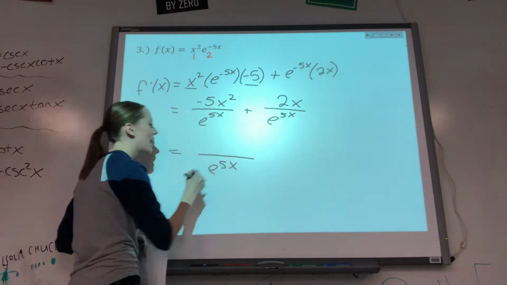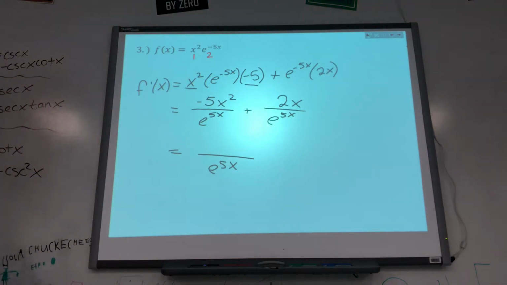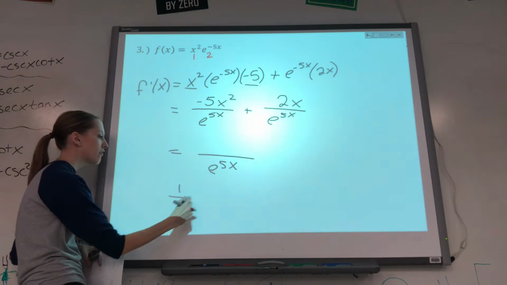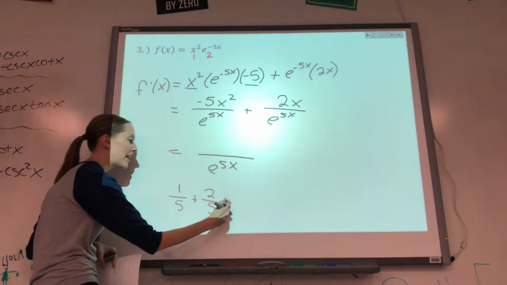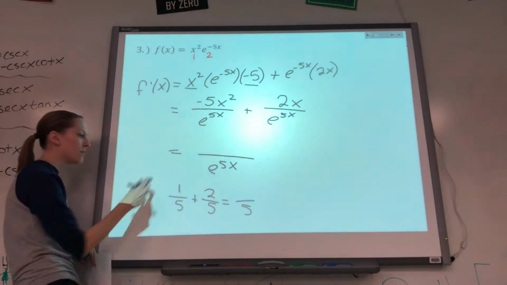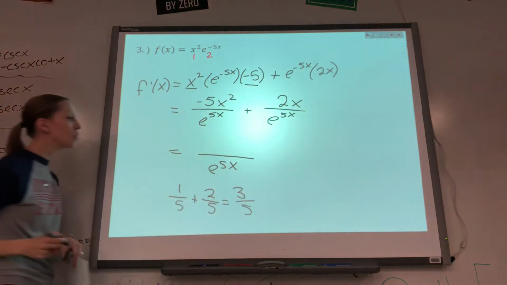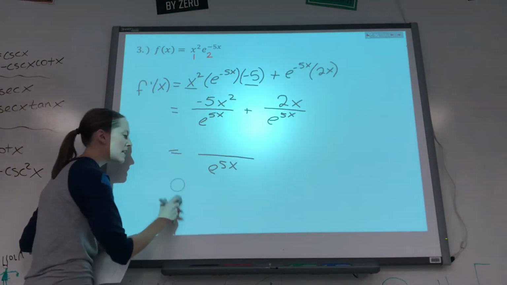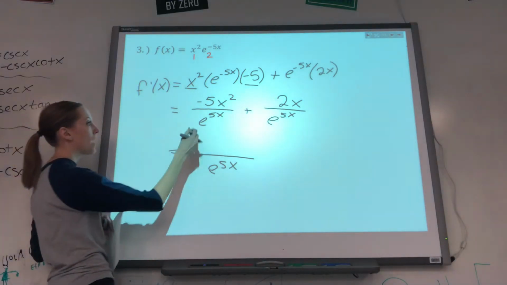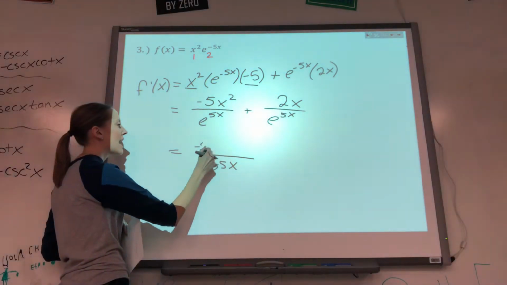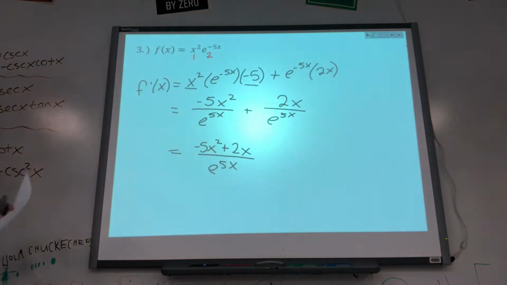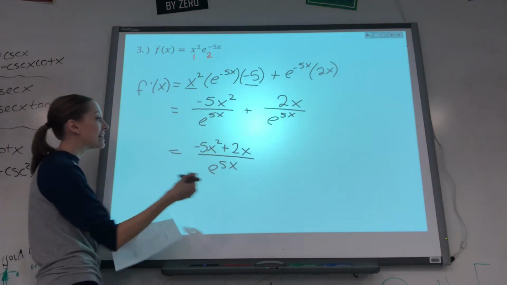So why don't we go ahead and just make it one single fraction? It's like when you take 1/5 plus 2/5, keep the 5 on the bottom, add your numerators. Same idea here. Keep e to the 5x on the bottom, and I really can't add my numerators since they have different powers, so I would just leave it like that.